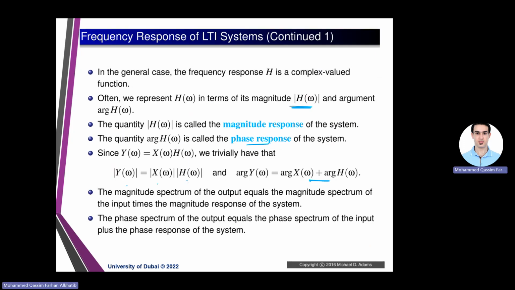So in the general case, the frequency response H usually is complex valued, but most of the time we have it in real valued. However, we represent it in terms of magnitude and phase. Okay, so magnitude and phase, something quite simple. So the magnitude of Y equals the magnitude of the input X times the magnitude of H, because I have a multiplication relationship.